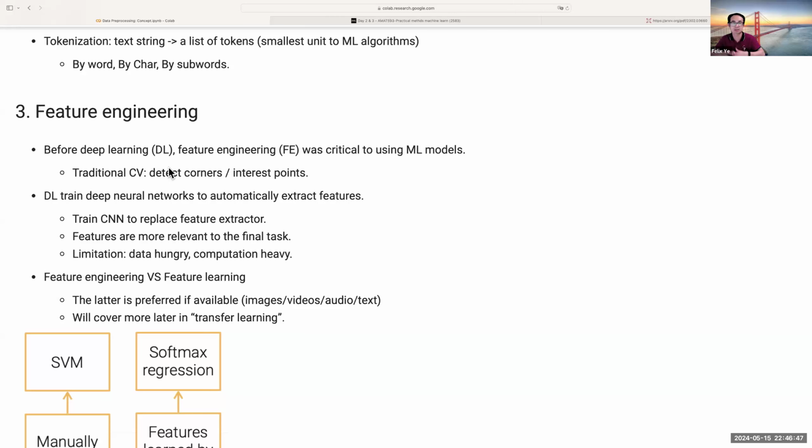These are things we should be thinking about: some features could be very useful, and some may not be. For example, the four corners of the images in the MNIST data set may not be useful because they are all black.